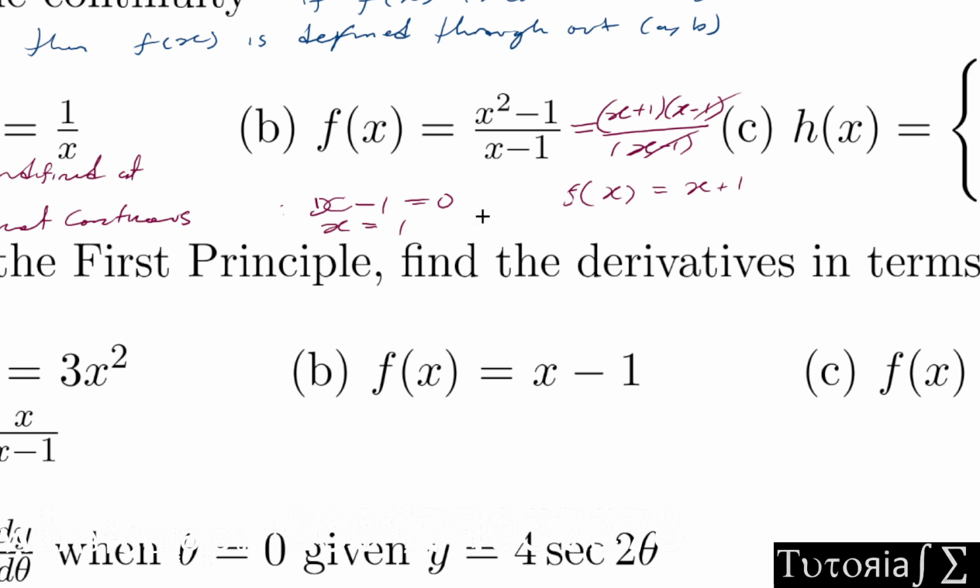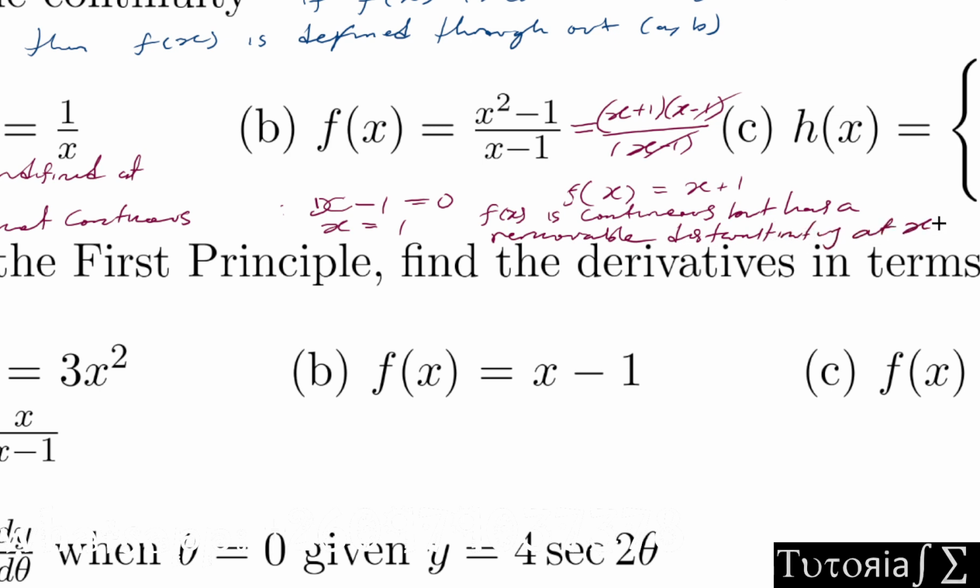Now the conclusion will be: f of x is continuous, but has a removable discontinuity at x equals 1.